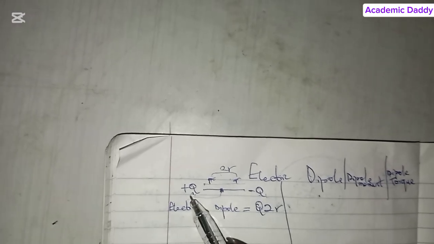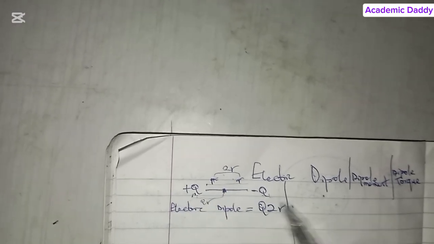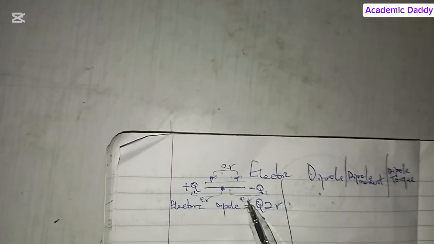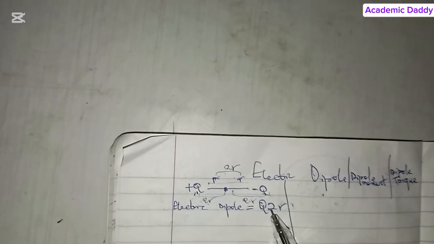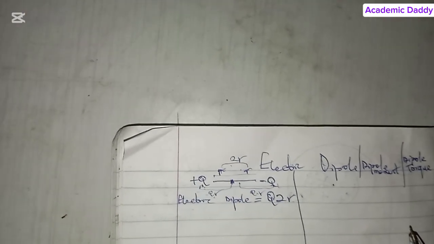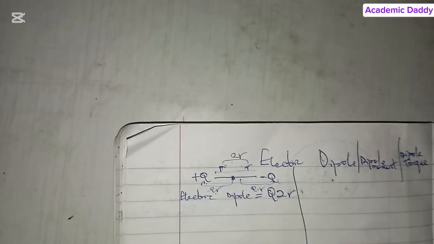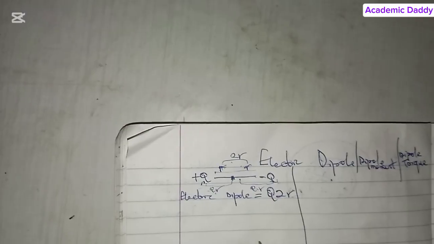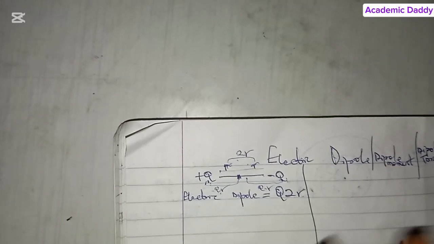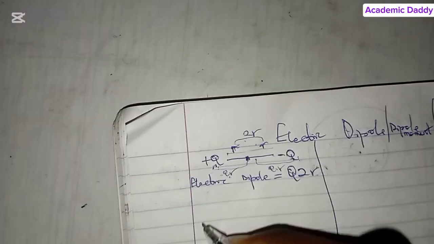If I'm considering just this one charge, it's going to be QR. If I'm considering this one, it's going to be QR as well. If you put them together, this plus this becomes 2QR, or Q times 2R. That is the electric dipole for you.